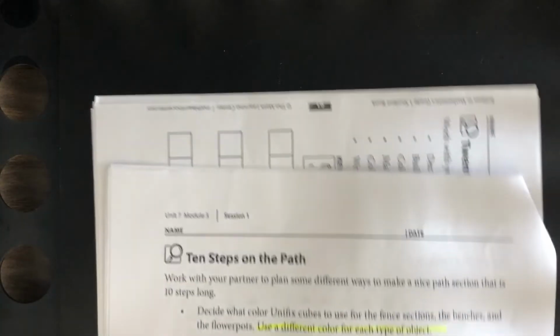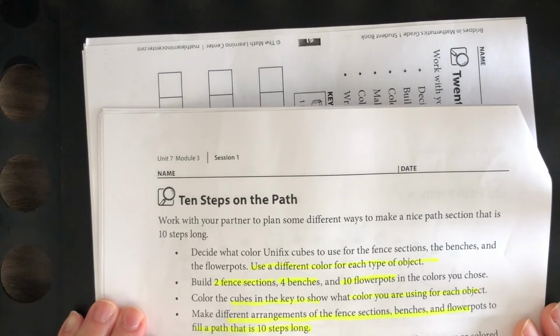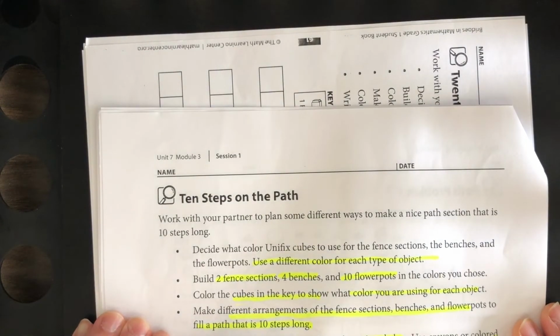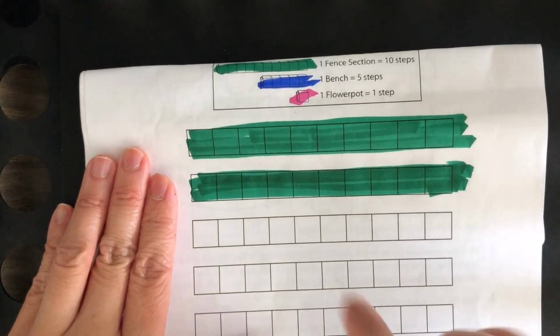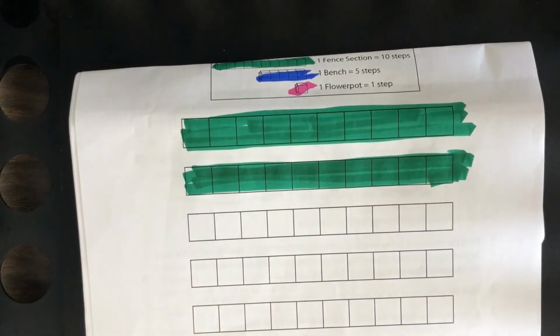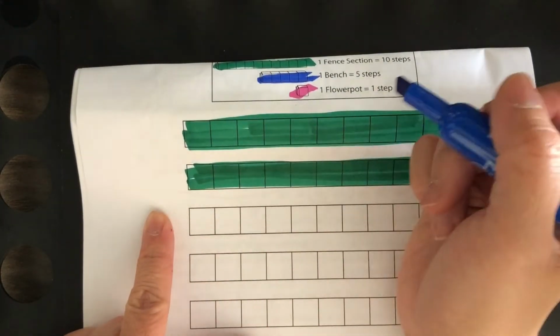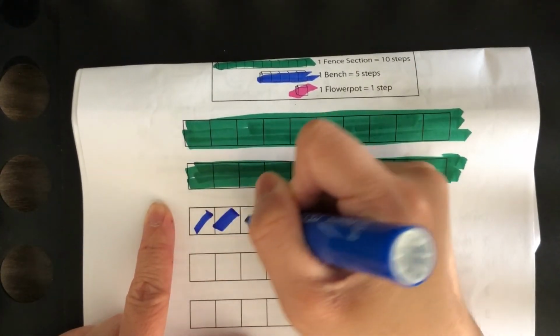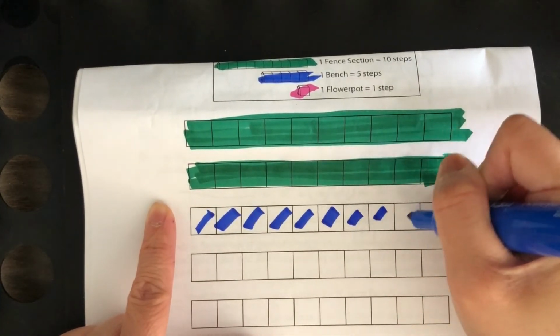And then it says I need 4 benches. So that means I will need 4 benches. So each bench is 5 steps. So 1, 2, 3, 4, 5. That's 1 bench. 1, 2, 3, 4, 5.